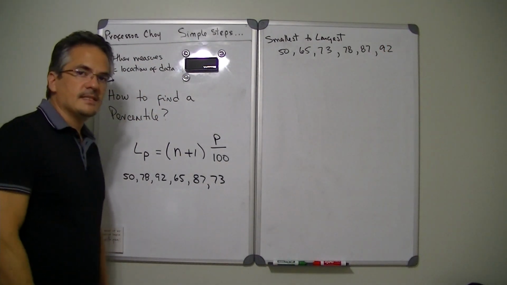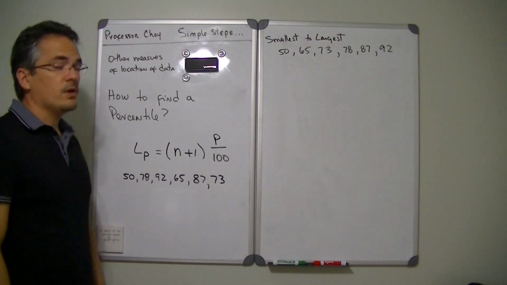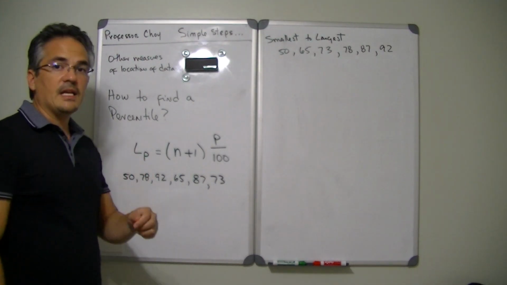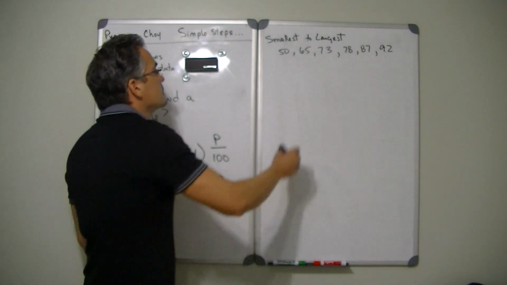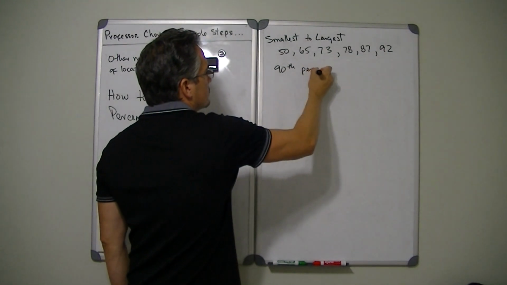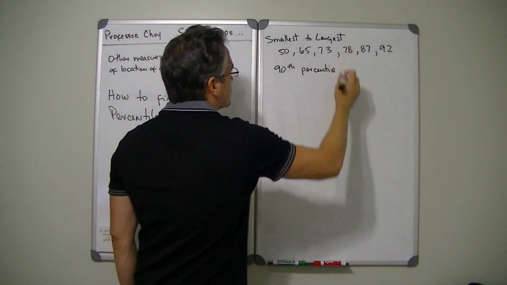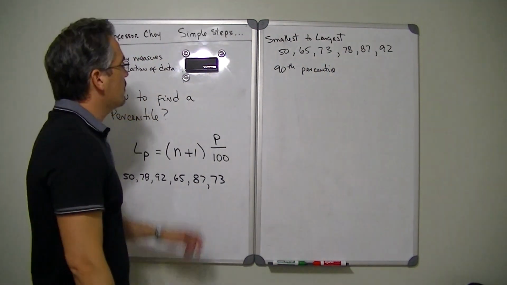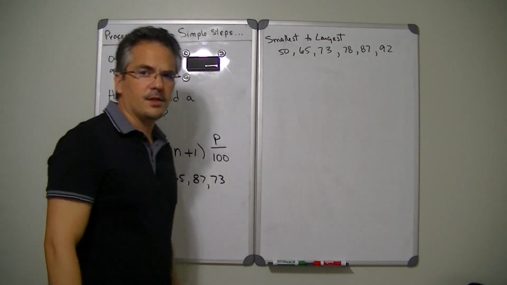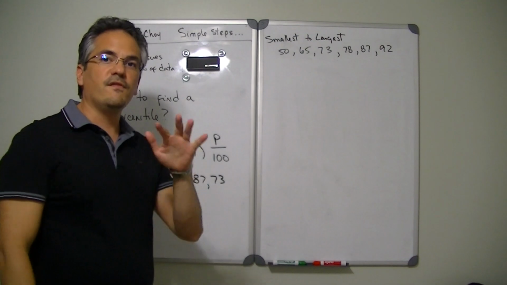Alright, now, let's say that with this piece of data, we want to find the 90th percentile. Actually, you know what? No. Let's start with something like the number in the middle, okay? The 50th percentile.